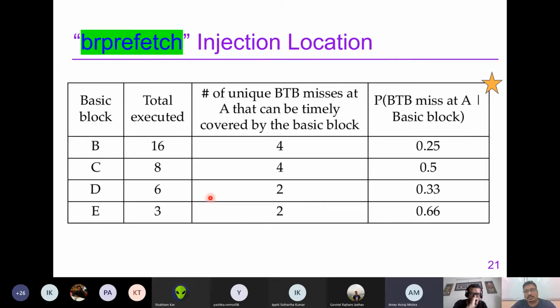Now since we have the execution profile also, we know how many times each particular basic block is being executed. So we have the total number of executions per basic block also. Using these two, we can calculate the probability of success. So we can calculate the probability of a BTB miss at A given any particular basic block. These are the probabilities calculated for all of the potential basic blocks.